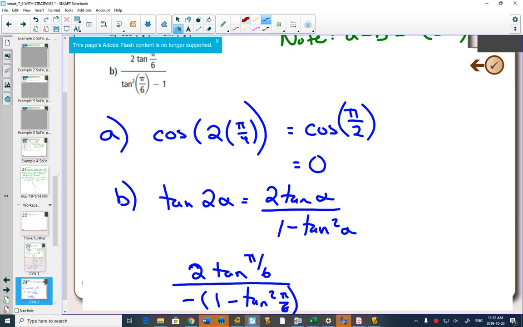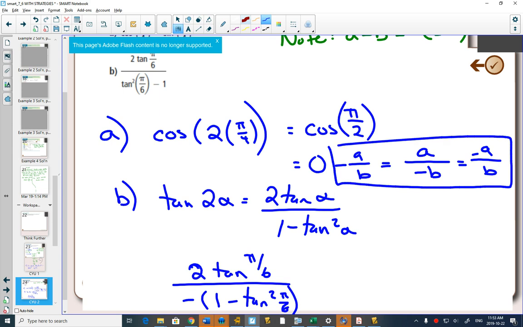Some things about fractions and negatives. Do you agree that if you have a negative on the bottom of a fraction, it's the same as a negative in front of the fraction? So the fact that I factored a negative on the bottom of my fraction, it's just like having a negative in front of this fraction.